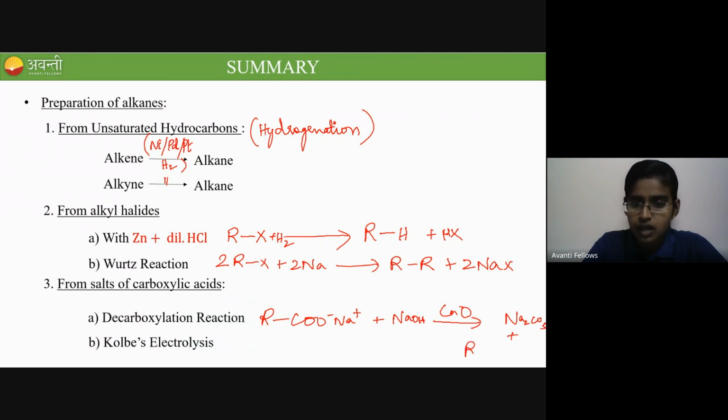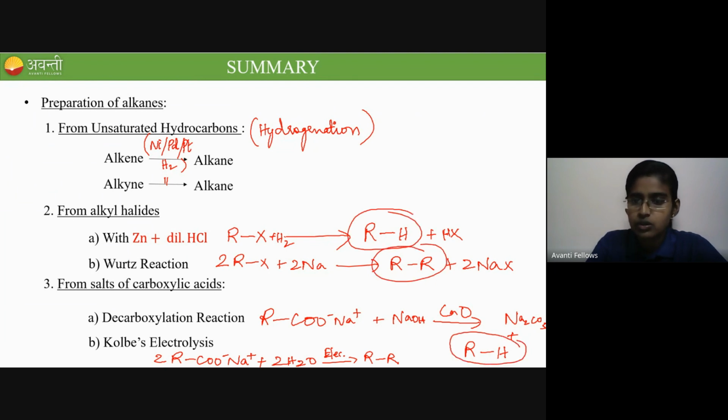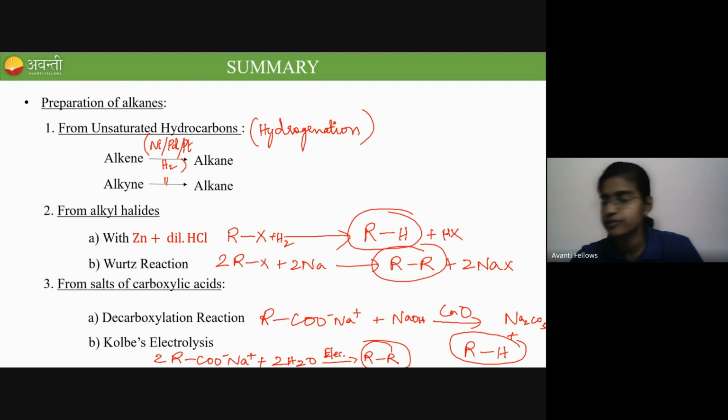And in Kolbe's electrolysis, 2 moles of the sodium or potassium salt of a carboxylic acid is taken with water. On electrolysis, we got R-R as the main product. This is what you are going to keep in your mind. Got it? So this is a summary of the preparation of alkanes.